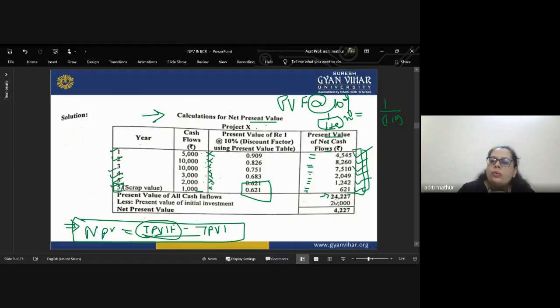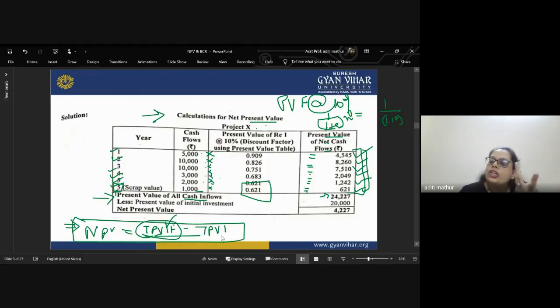So this amount, which is your sum of present values of net cash inflows, that is 24,227, is known as present value of all cash inflows, right? So you have totaled them up, so you can write total present value of cash inflows. Okay, this figure has come. 24,227. This is the figure, total present value of all cash inflows. Now what do we have to calculate?